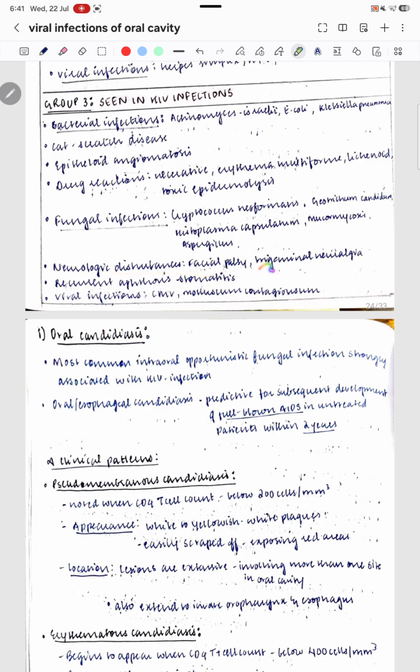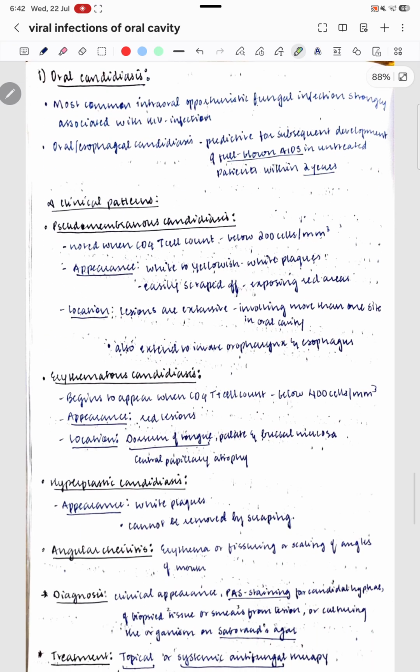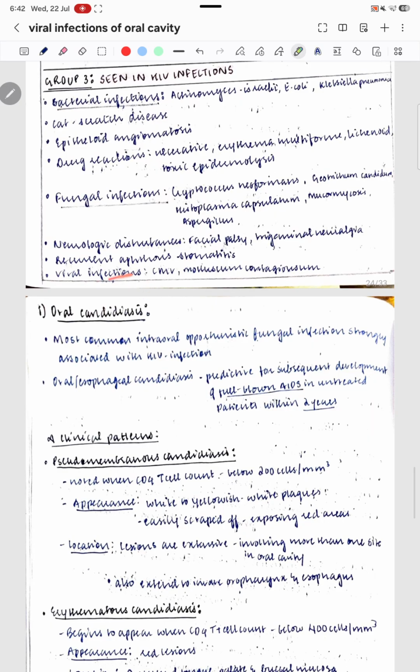Neurological disturbances could also occur because of septicemia. Then there is recurrent aphthous stomatitis, followed by other viral infections.